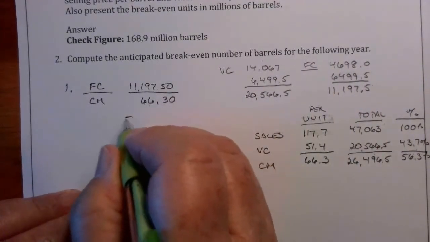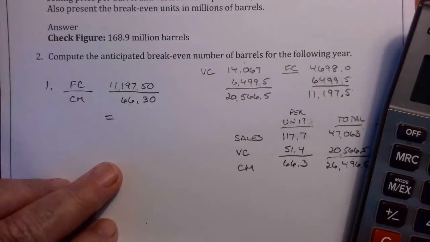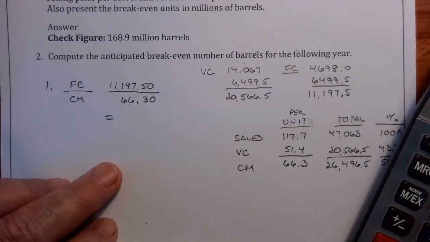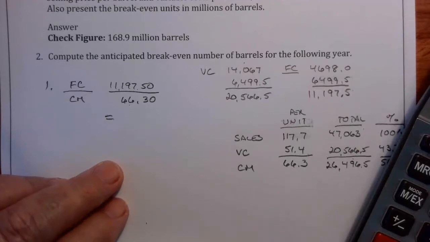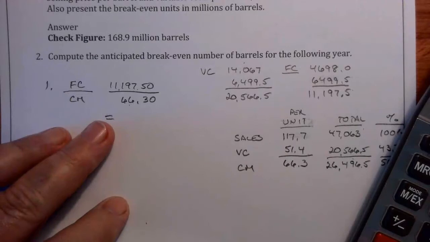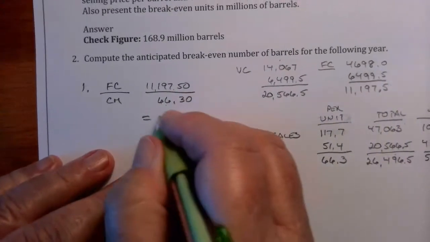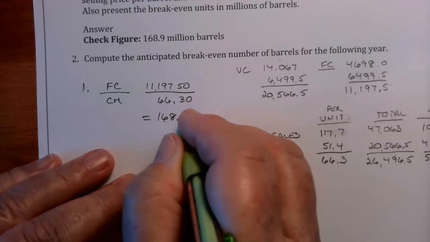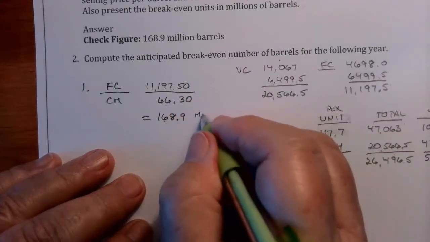That means our break-even in terms of units is 11,197.5 divided by 66.3, which is 168.9 million barrels of beer.